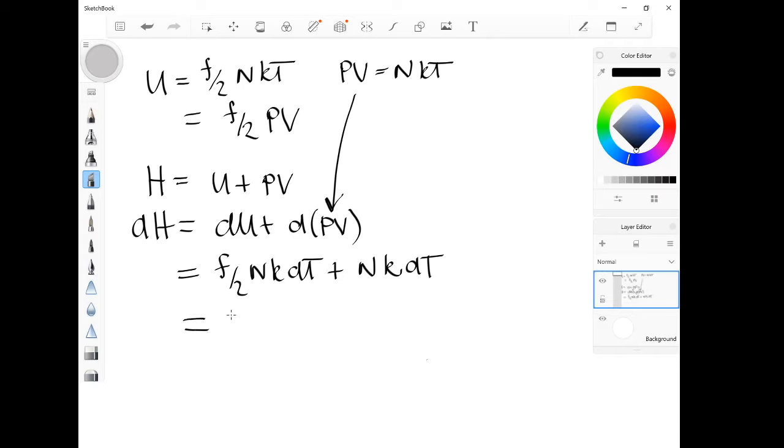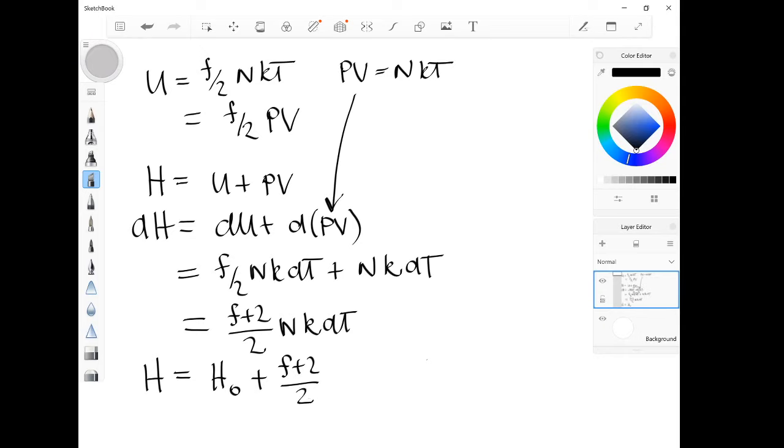And then we end up with (f plus 2) on 2 Nk dT. And so we end up with an enthalpy that's equal to H naught plus (f plus 2) on 2 NkT.